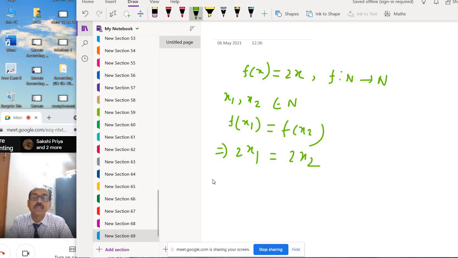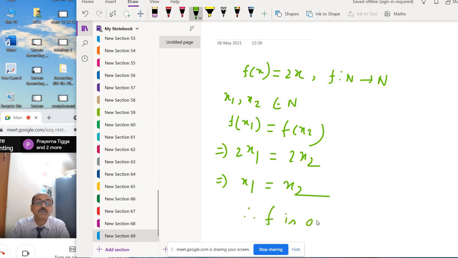So from both sides 2 cancels, that is x1 equals x2. Therefore f is a one-one function.